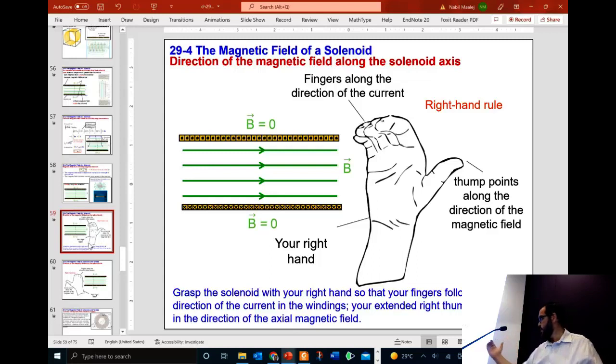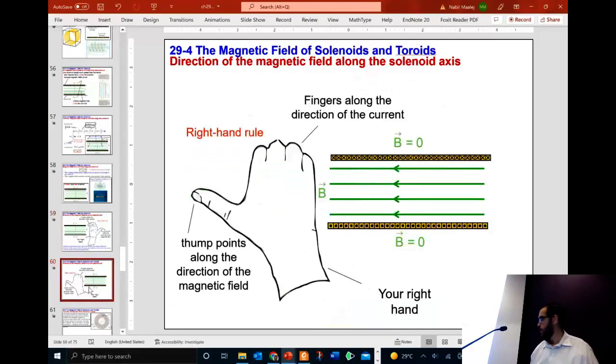So for example, in this case, the current is coming out of the page on the top. So if you grab the solenoid with your right hand, your thumb will be pointing in the direction of the magnetic field. If you reverse the direction, so here you have the opposite direction of the current, the current on the top is moving into the page.